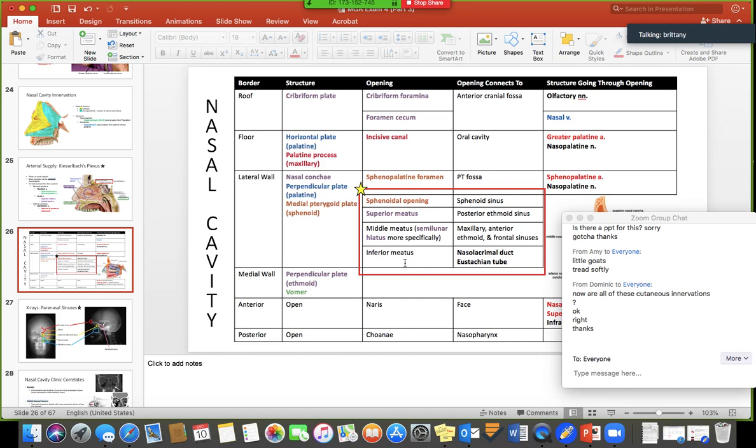And then the inferior meatus is associated with the nasolacrimal duct. So I would definitely know this area of the chart, because they could definitely come up with a question from this. She seemed to spend a lot of time on this, so I would say high yield right here.